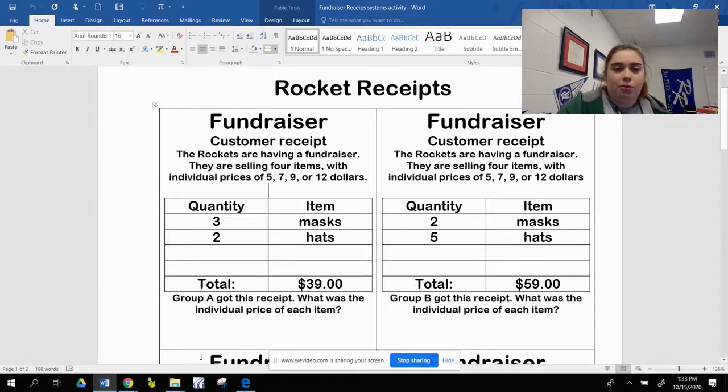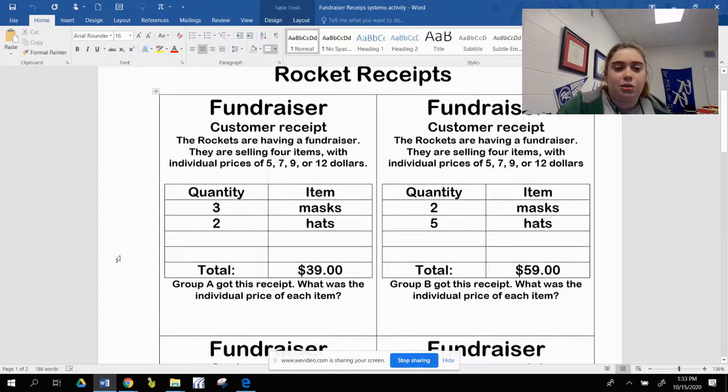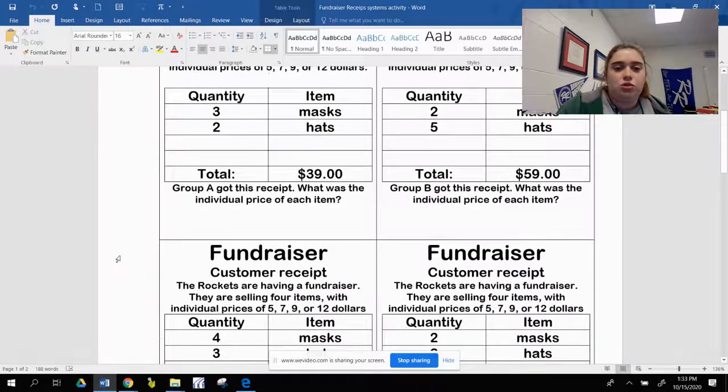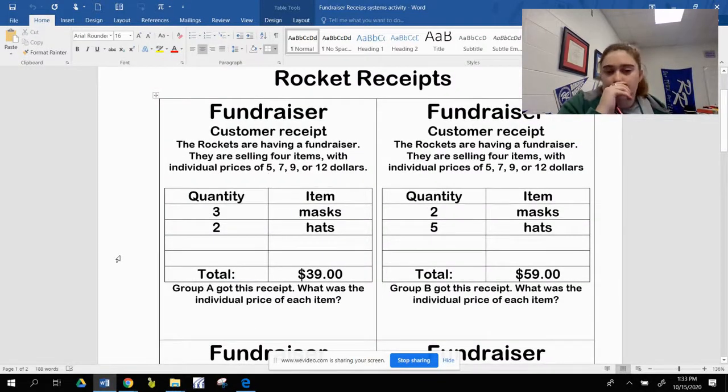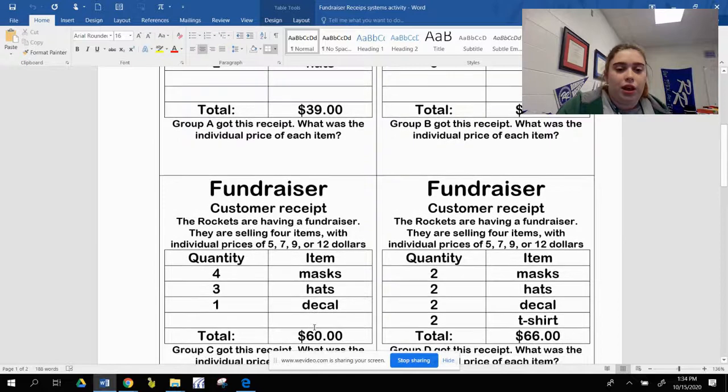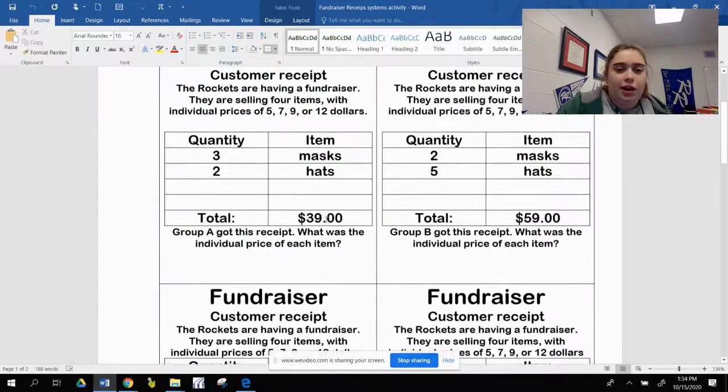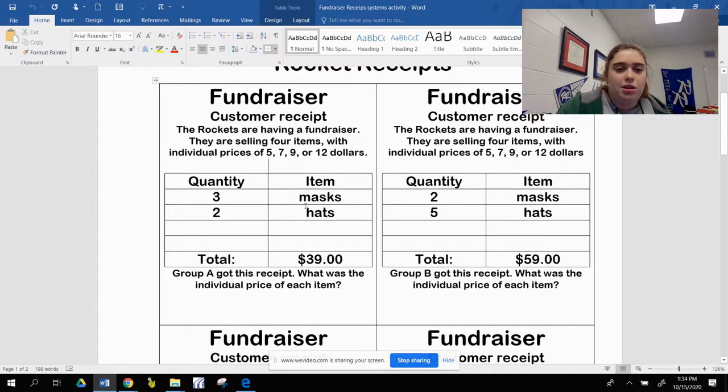All right, so hopefully you got to figure out some kind of way for you to match those prices with the items. So some way that y'all might have thought of was plugging numbers into some kind of equation to see if that would match the total it gave you on the receipt, right? So maybe you tried to make mask $5, right?